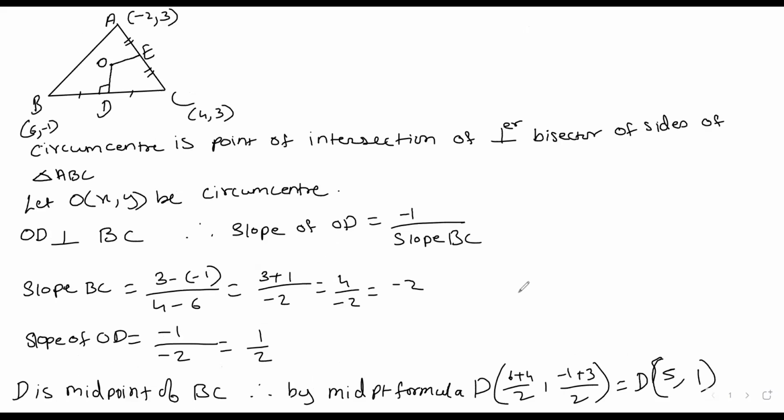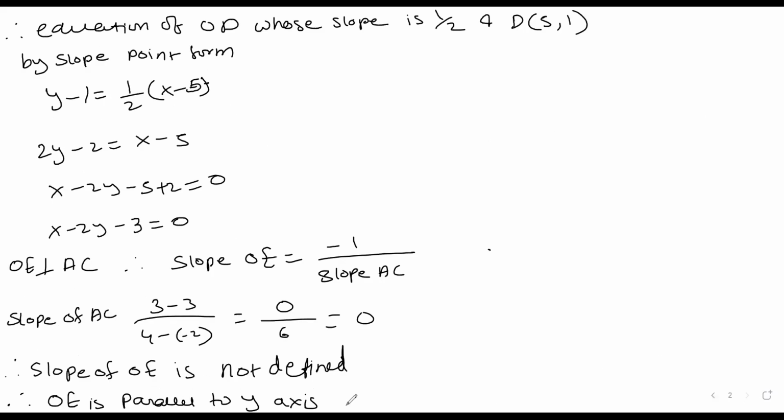Because A's y coordinate is 3 and C's y coordinate is also 3, AC is parallel to x-axis, so automatically the perpendicular will be parallel to y-axis. And therefore equation of OE will be x is equals to a, because it is parallel to y-axis.